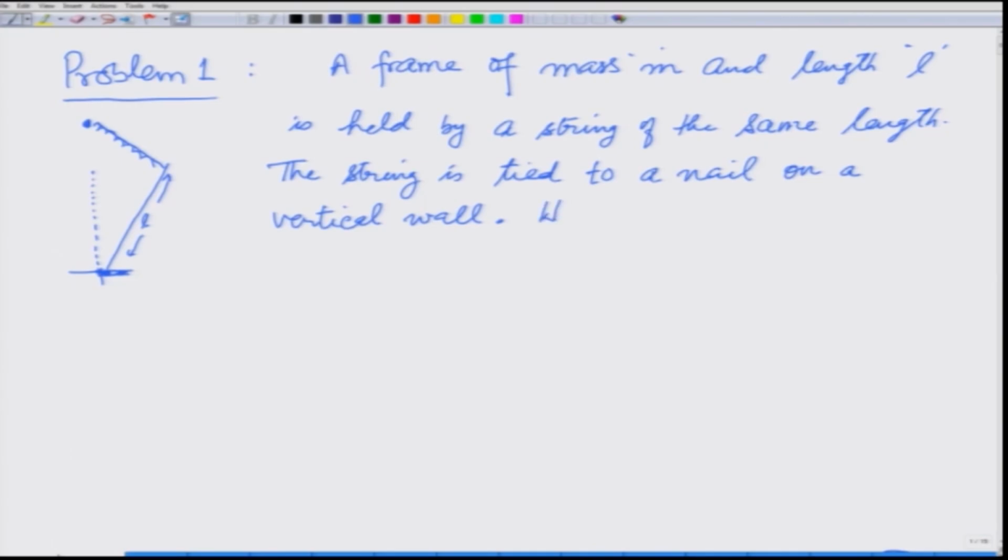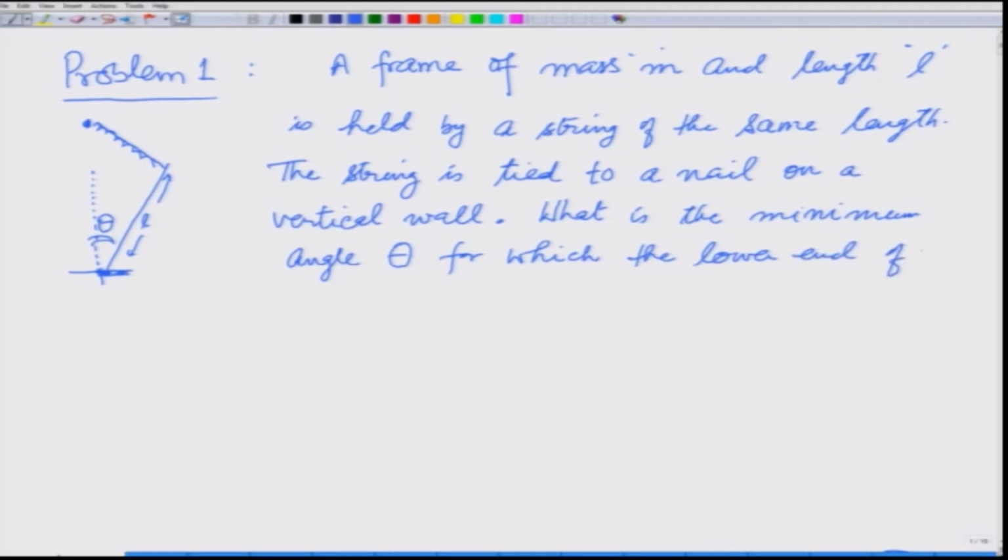What is the minimum angle, let us call it theta, and let me make it here theta, for which the lower end of the frame does not slip on the wall.